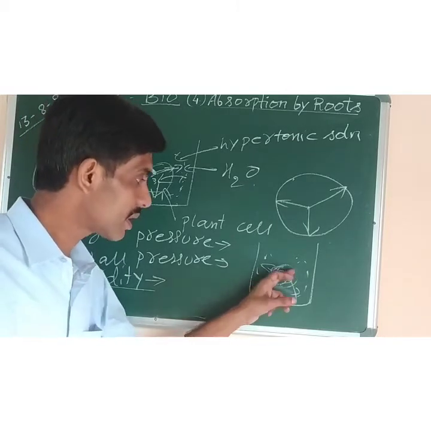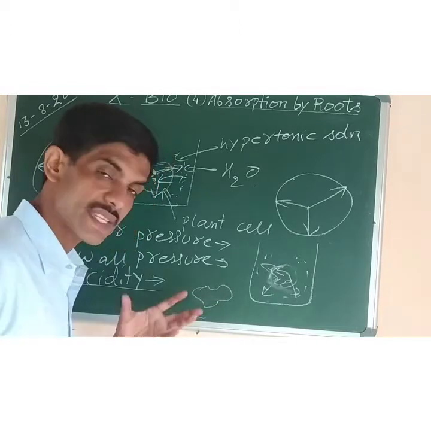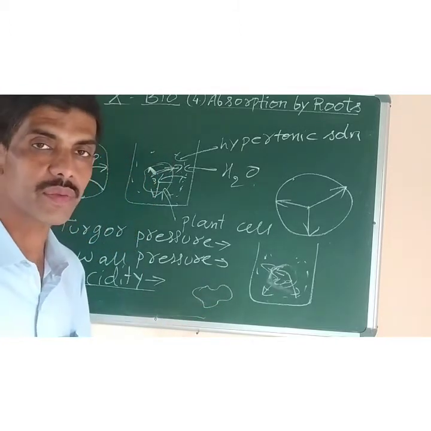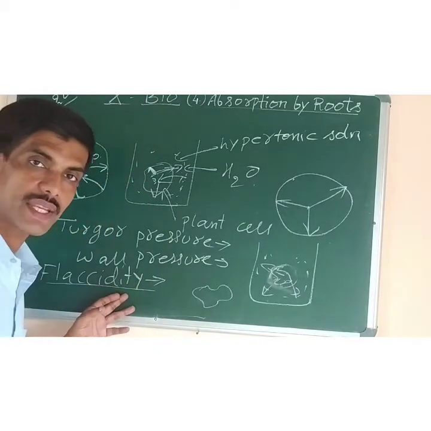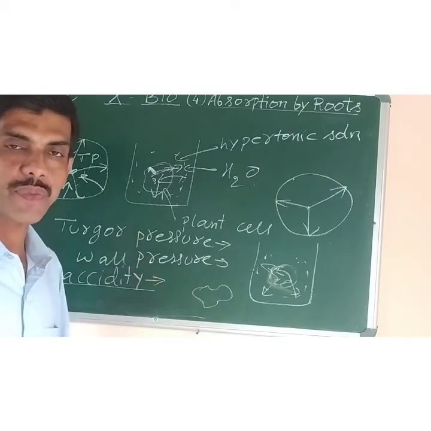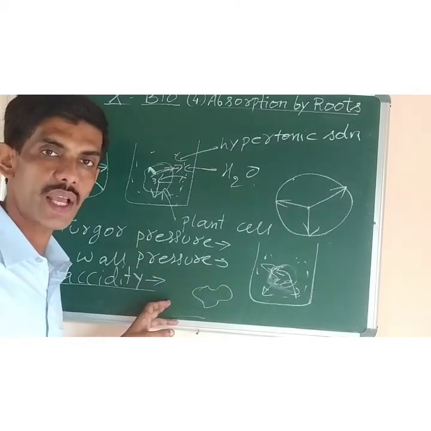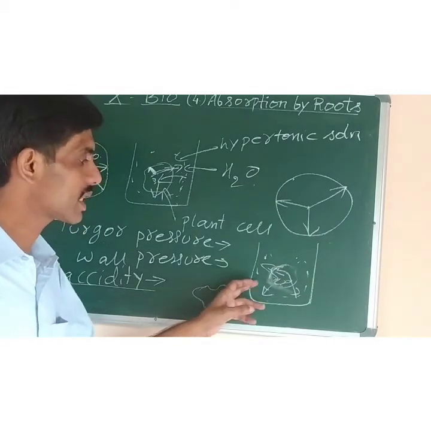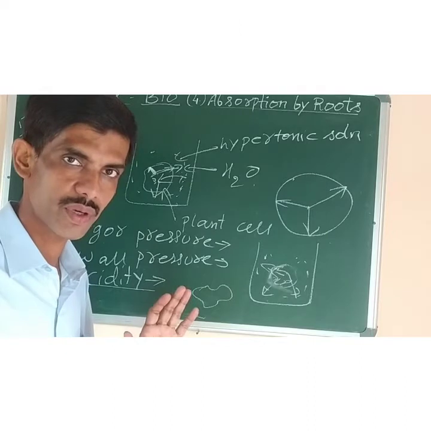The state of the cell when it shrinks like this is called the flaccid state, and the condition of the cell is called flaccidity. So what is flaccidity? Flaccidity is the change in the shape of the cell due to loss of water from the cell by exosmosis when it is kept in a hypertonic solution. Hope you have understood. Got it?